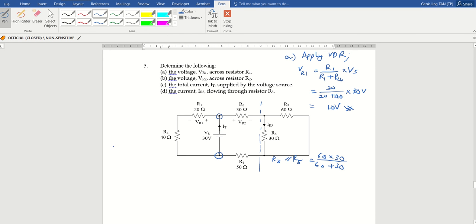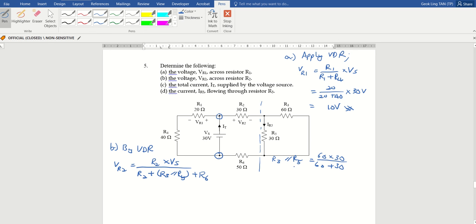Okay, so by applying voltage divider rule, or VDR, VR2 is equal to R2 multiplied by Vs divided by R2 plus, we say R3 parallel with R5, plus R6. This is the whole thing here.